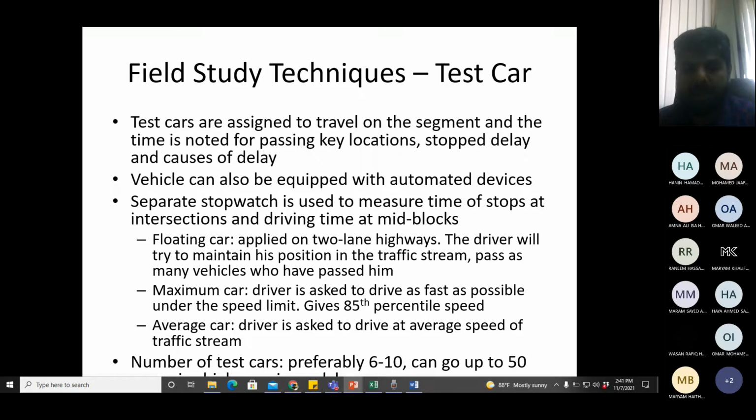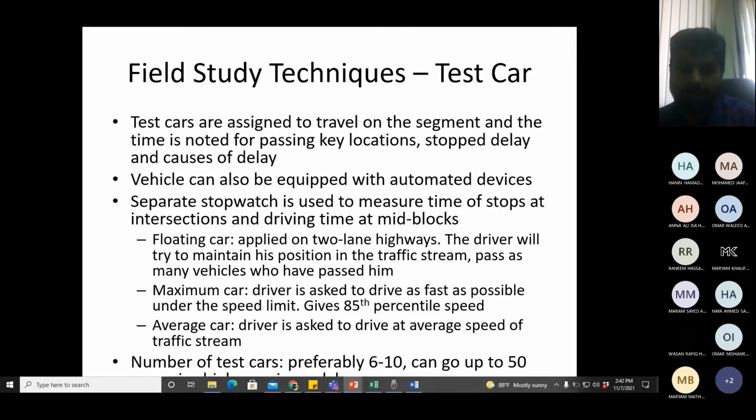Just to refresh your mind, percentile is the upper limit for a specific proportion of the travelers. So the 85th percentile is the upper limit for 85% of the travelers. So you find out the travel time using the maximum car technique, and you find out the speed using that travel time. That speed is, let's say, 65 miles per hour. So 85% of the drivers are driving at 65 miles per hour or less. This is our assumption when we take the speed from the maximum car technique.